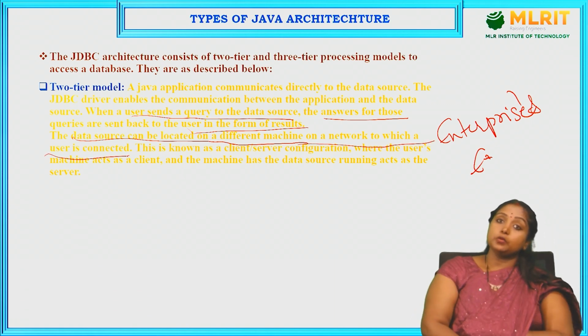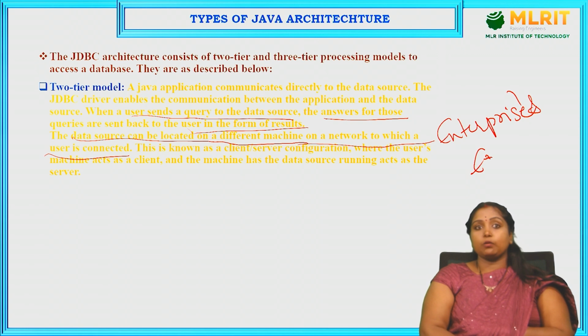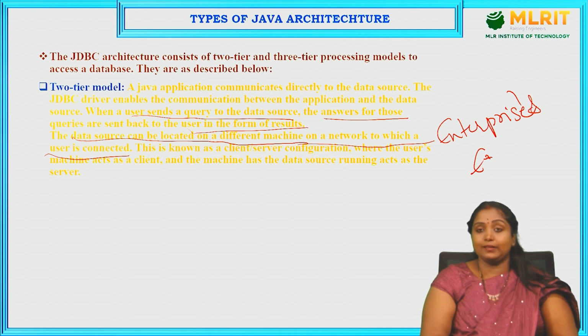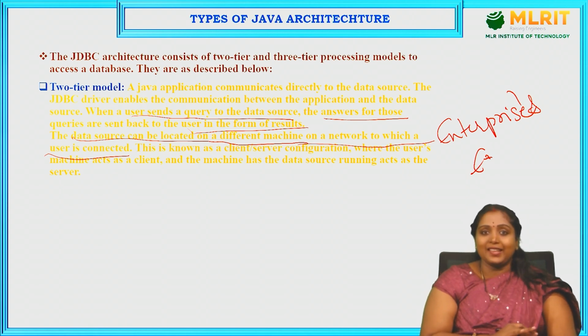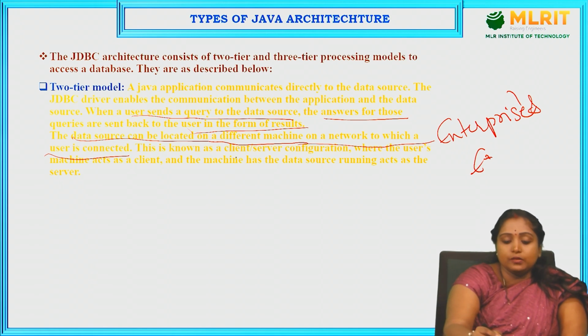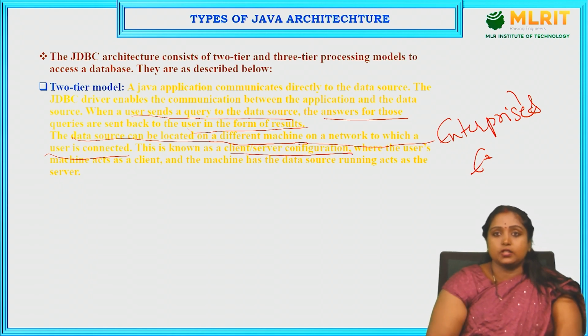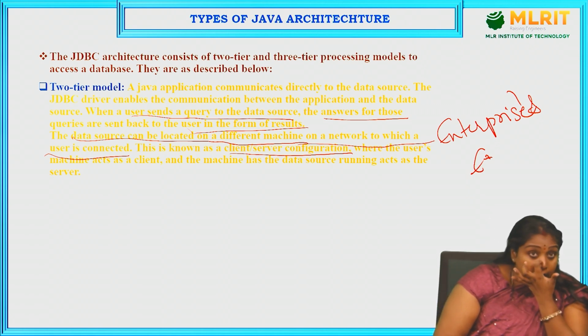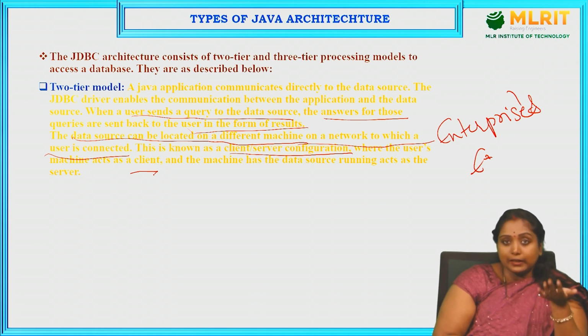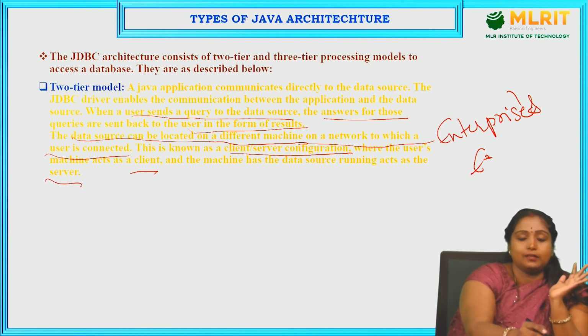Whenever you are using the two-tier model, the system the user is using as well as the database system should be on the same network. This is also known as client server configuration, where the user machine acts as a client, and the machine which consists of the data source acts as a server.